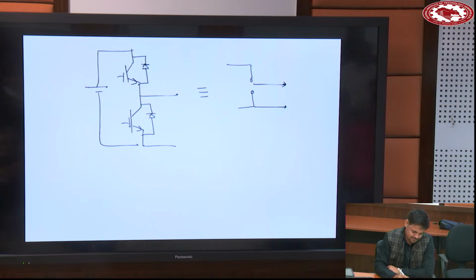Both are same or not? When S1 is on, it is connected to VDC. When S2 is on, it is connected to ground. And same for this pole. So it's like an SPDT switch.